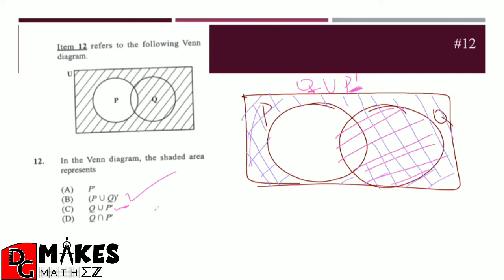But if I were asked to do this one, which is the intersection of both of those, then it means I could only focus on the section where the two sets of lines cross, which would have been just in here. All right, which should have been the Q only section.